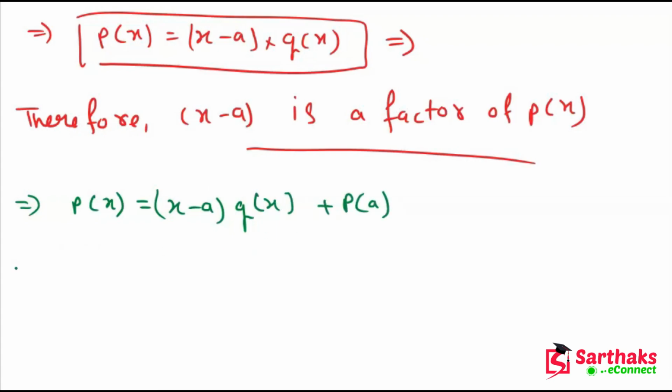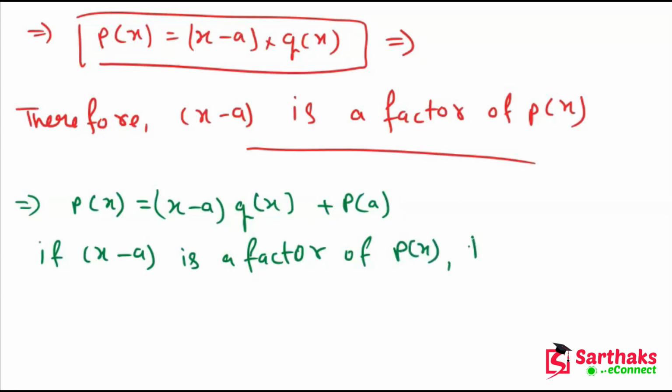So now my dear friends, if x minus a is a factor of P of x, then the remainder must be 0.